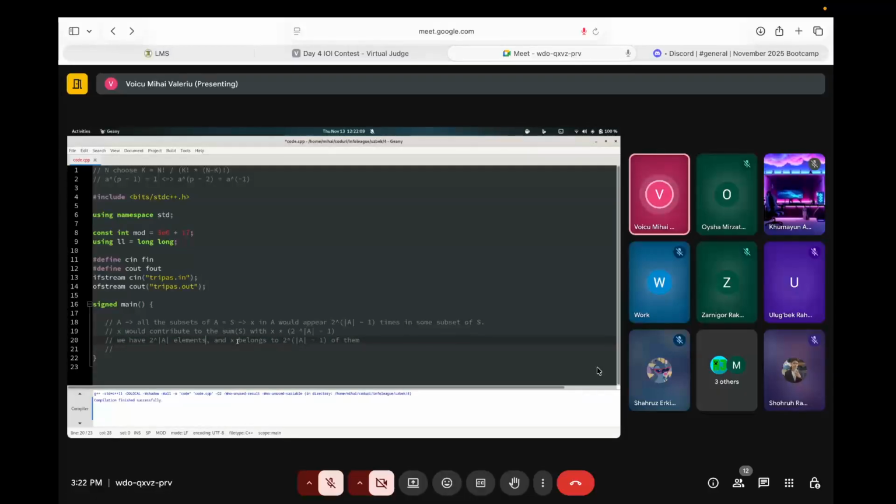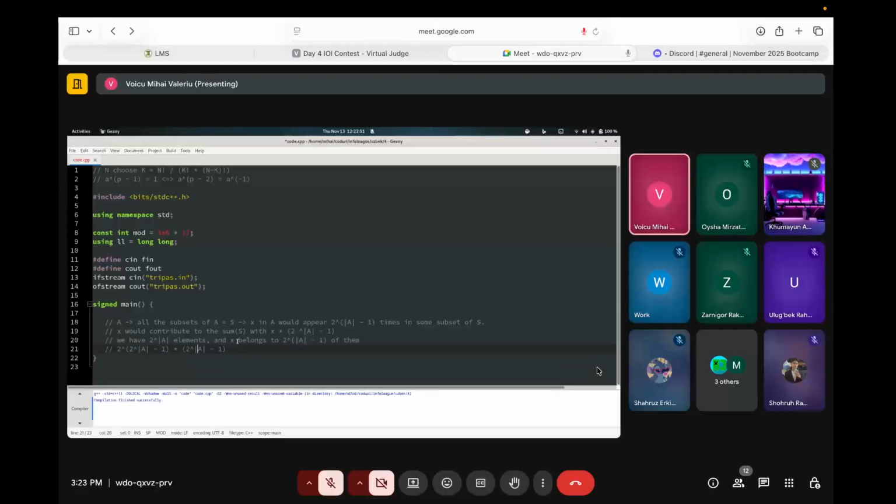Consider one of the sums where X appears, then that single sum, one of these 2 to the A minus 1, would then appear in 2 to the A minus 1, 2 to that much, because we can take any subset of all the other subsets and ignore X from that one. And then we have to multiply this by 2 to the A minus 1.